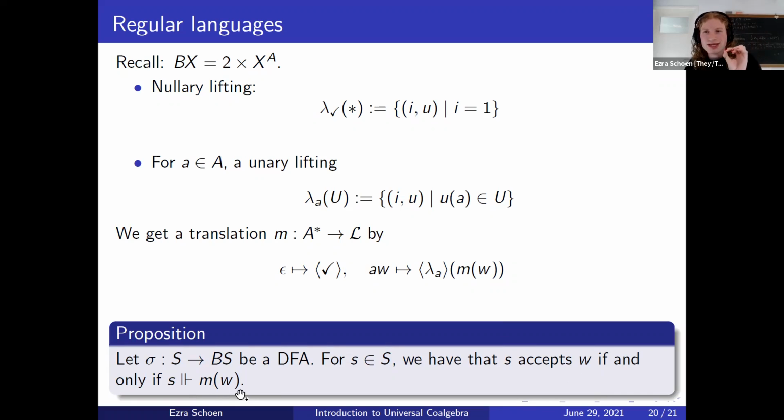So if two states make the same formulas true, they definitely also accept the same words, so they're behaviorally equivalent. And so for this particular functor and this particular set of liftings, we see that this logic is expressive and it correctly distinguishes behaviorally inequivalent states.